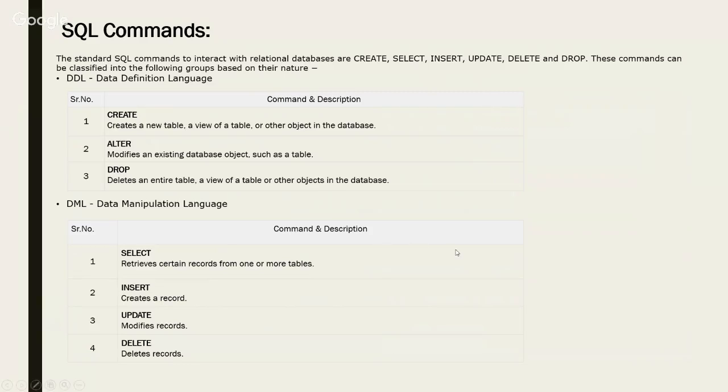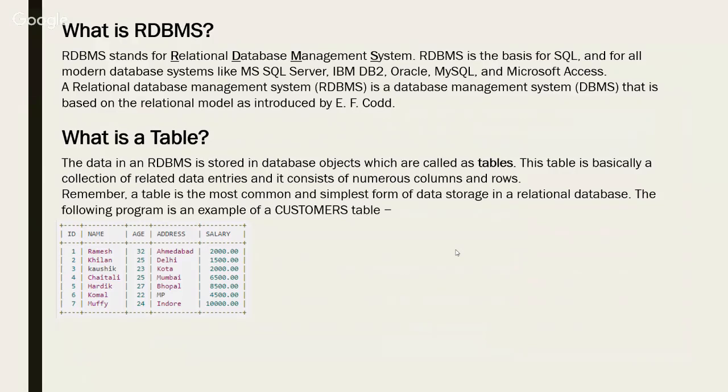Okay, let me just quickly tell you what RDBMS is. RDBMS stands for Relational Database Management System, and it is the basis for SQL and for all the modern database systems like MS SQL Server, PostgreSQL, Oracle, MySQL, Access. And a relational database management system is a database management system that is based on the relational model as introduced by EF Codd.